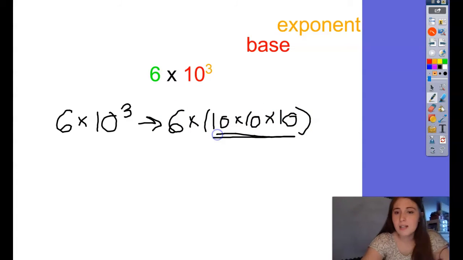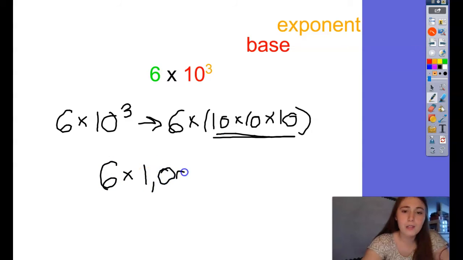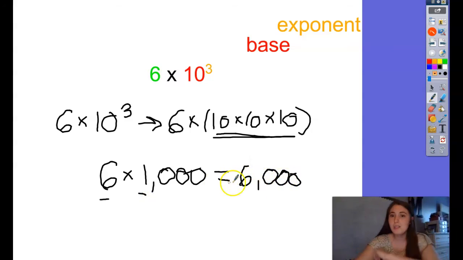If I look here, 10 times 10 times 10 is 1,000. So that equals 6 times 1,000. 6 times 1 is 6. And then it's the extra 3 place value zeros. So my answer for 6 times 10 to the 3rd is 6,000.